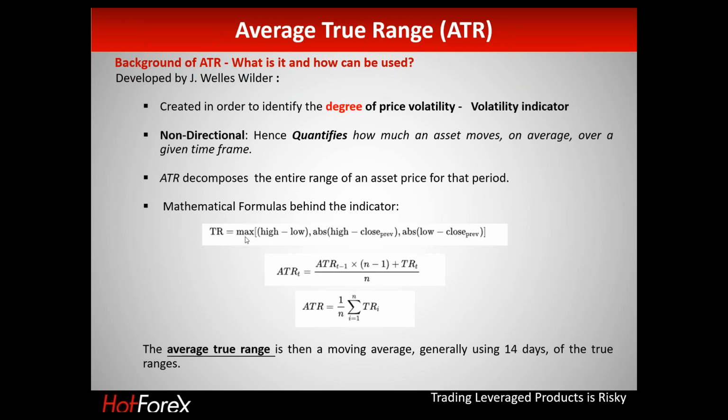What you need to find out first is the true range. The true range takes into account, first of all, the current high level of our period. If we are in a daily chart, let's say, we are taking the current high value minus the previous close. So today is Wednesday.